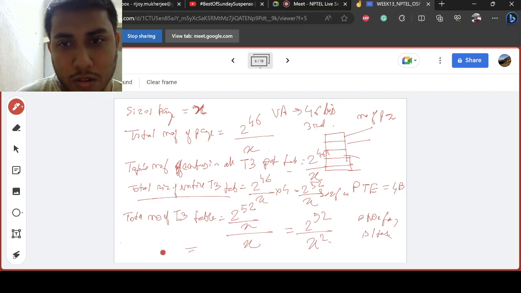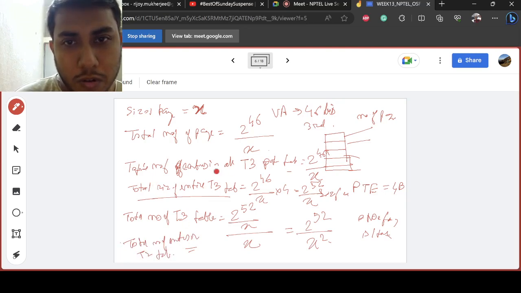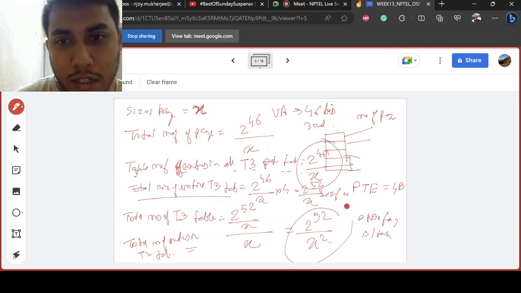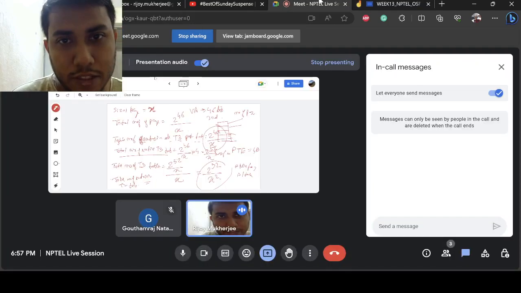That is equal to the total number of entries in the T2 tables.